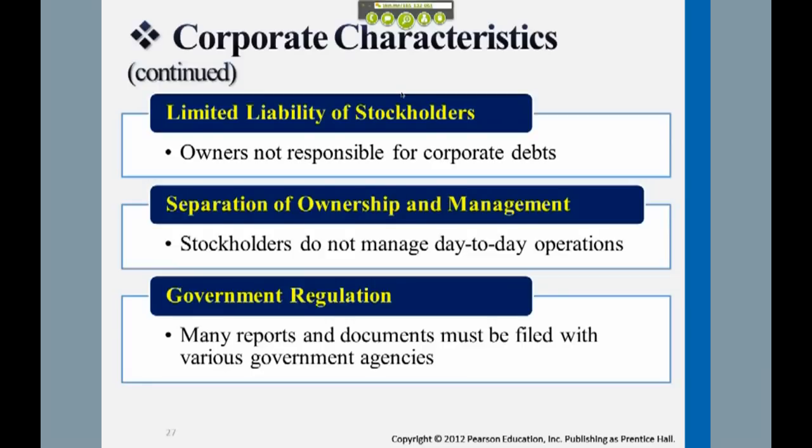Separation of ownership and management really goes back to the prior point, no mutual agency. Also, these two complement each other. Stockholders do not manage day-to-day operations. The vast majority of stockholders, unless they're officers, do not manage day-to-day operations, they don't act on behalf of the corporation. So those two points go together.